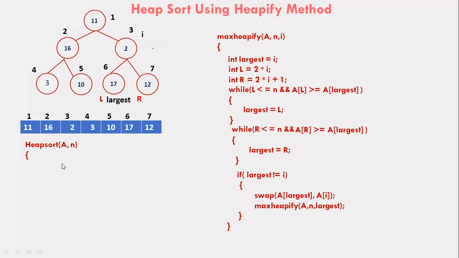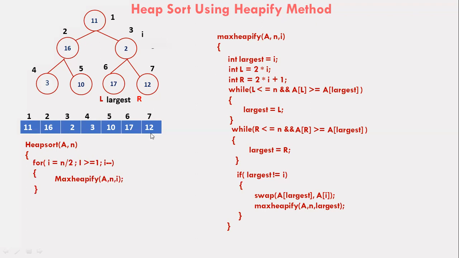So here we are going to use the for loop for I is equal to n by 2, and I should be greater than or equal to 1, I minus minus. Here we write the method max heapify A, n, I. A is the array name, n is the number of nodes and I is the largest index value. That largest index value I is n by 2, 7 by 2, that is 3.